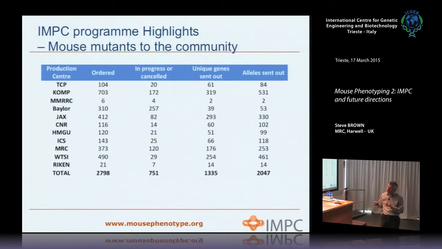If we look at the number of unique genes sent out in the program to date over the last 3 years, this is around about 1,300 mutants. Now that's about 6 or 7% of the total genome in terms of coding sequences. So already you can see there's enormous demand for having a gold standard, well-characterized mutant that's available to the community.